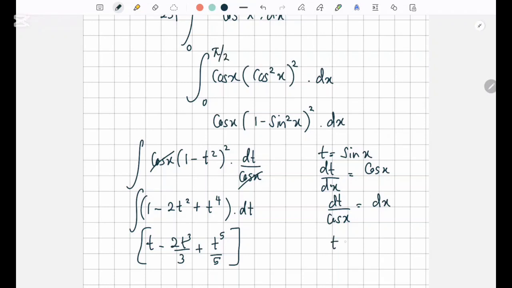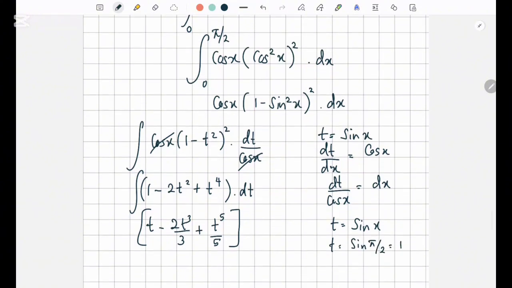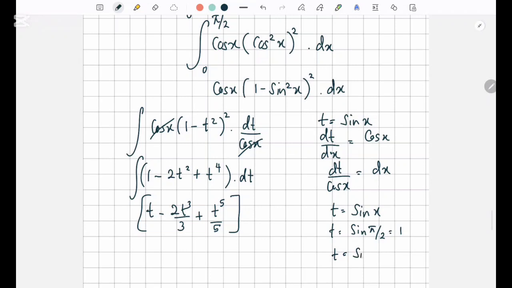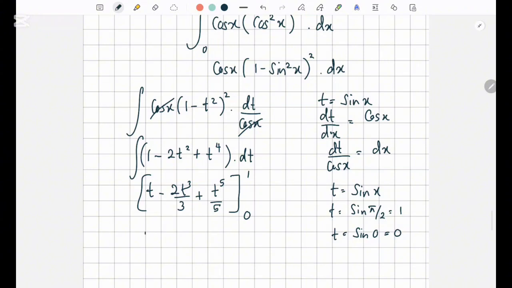So if t equals sine x, t equals to sine pi over 2, which is 1, and t equals to sine 0, which is 0. So you can just substitute 0 and 1 into the intervals. So it would be 1 minus 2 over 3 plus 1 over 5.